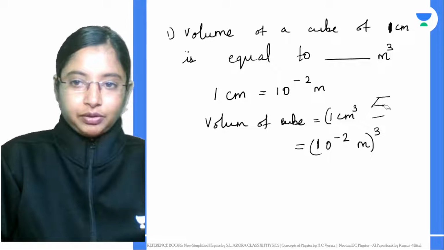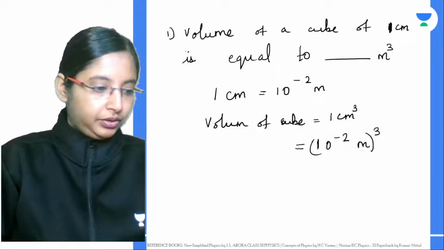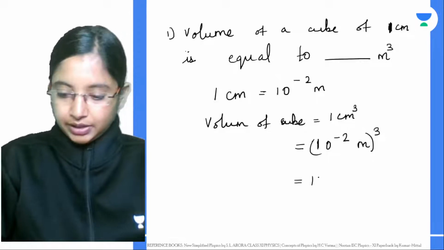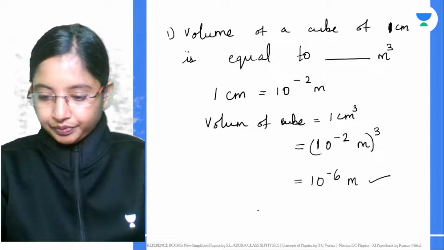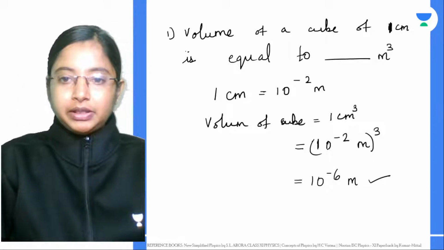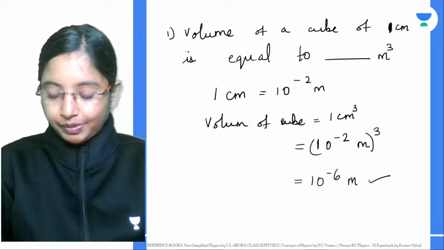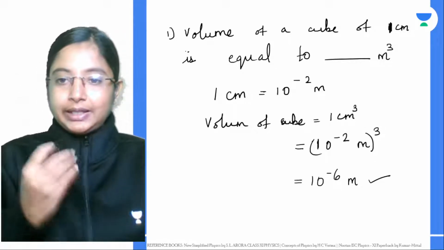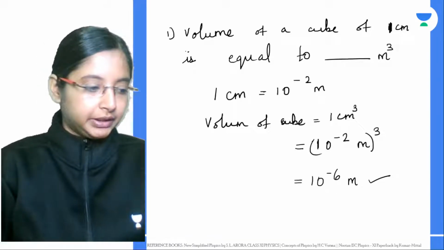That will be the value of the cube. So from here you will get the answer as 10 to the power of minus 6 meters. That's the volume of the cube. Centimeter is a smaller unit when compared to the meter, so it will be just 10 to the power of minus 6 meters.